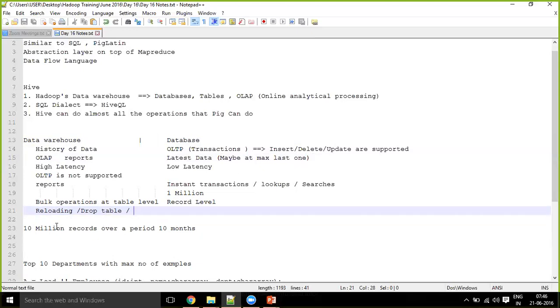So here, since on a huge data set, adding one record or deleting one record is relatively very slow, that's one reason once we treat one schema as a data warehouse, we don't do transactions on that. And once we treat a schema as a database, we'll store only the latest snapshot of data, and we'll try to keep the data as minimum as possible.